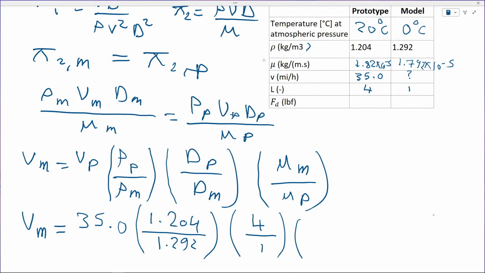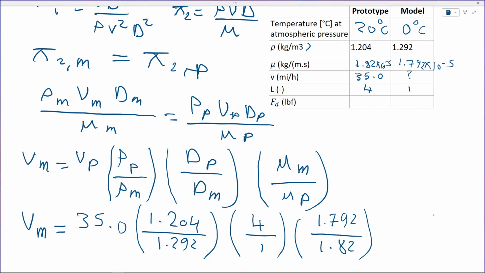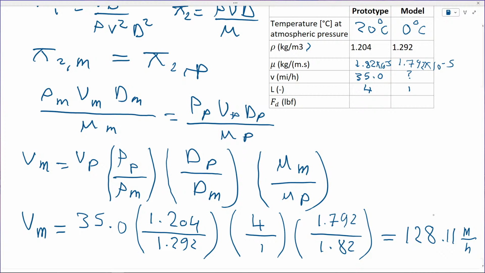This is of the model, so that would be 1792 over 1.82. If I did this calculation, I got like 128.11 miles per hour.